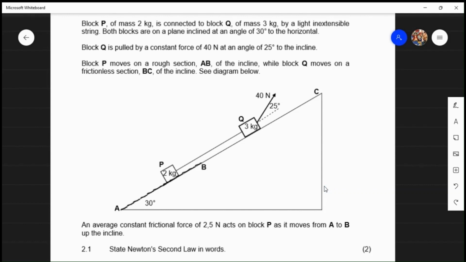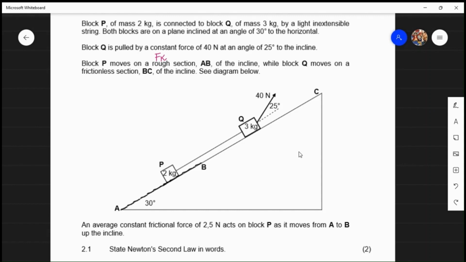Block P moves on a rough section, so the use of the word rough indicates frictional force, section AB of the incline, while block Q moves on a frictionless section BC of the incline. So if you look, we've got section AB that is rough, therefore it has friction. And on that surface AB, we have a 2 kg block P that is connected to block Q via a string.